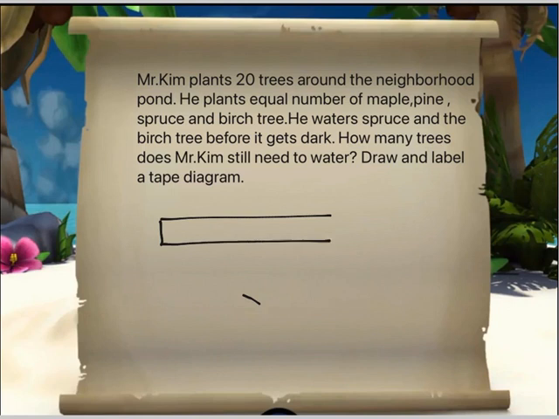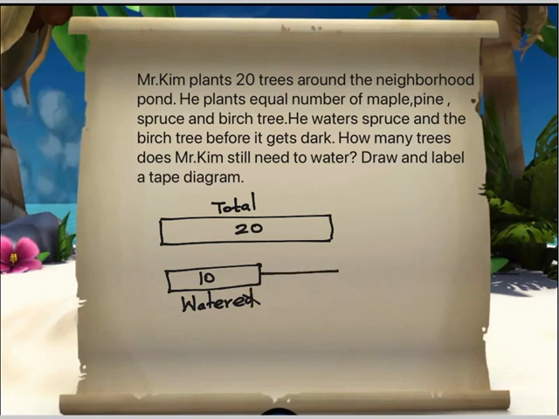So in this problem, the total is 20. This is the total, and we know that it is 20. And what he watered is 10. And what we have to find is this, what he still needs to water.